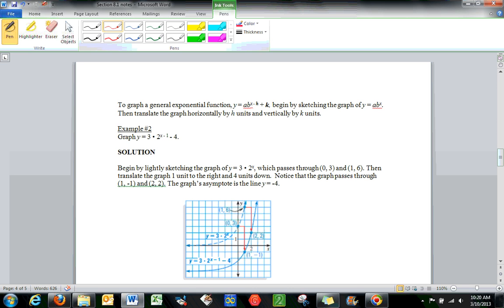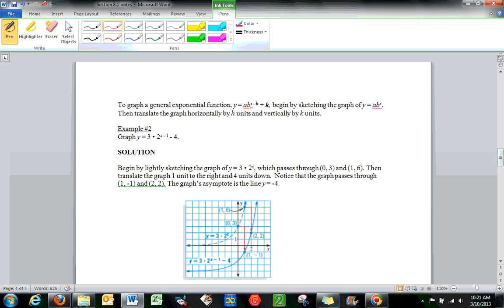In this particular section we're going to add in some shifting components, and as you may recall from absolute value and graphing quadratics, we could have this h and this k that is put into the graphing of it, and it makes the graph move left to right or up or down based off of the values of the h and the k. Well, we're going to have a similar situation here with exponential growth functions.